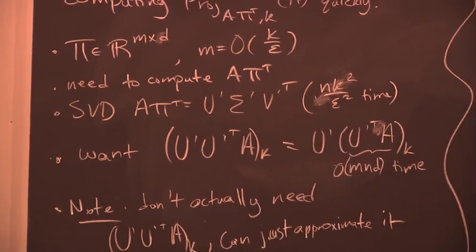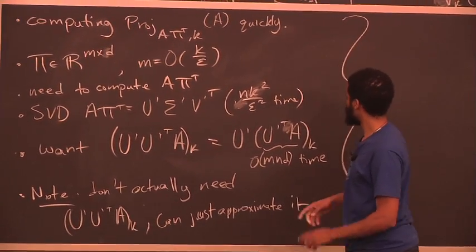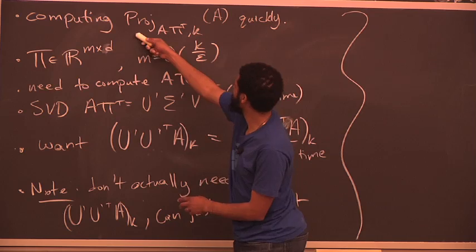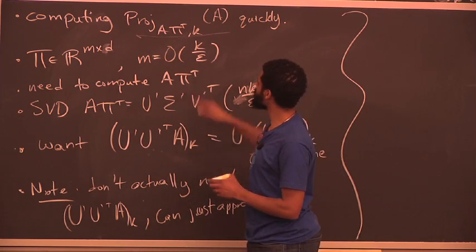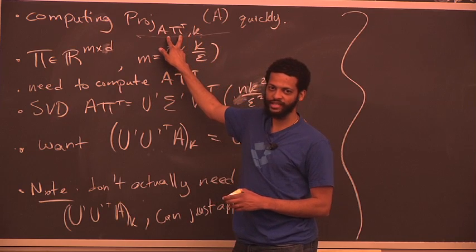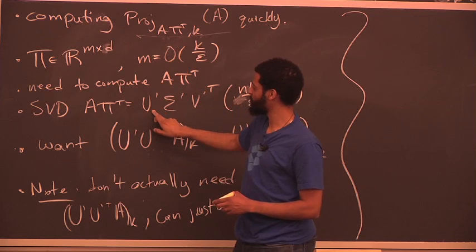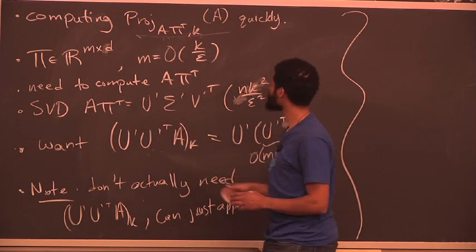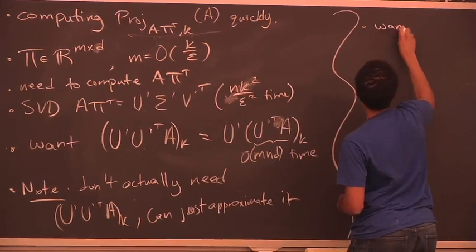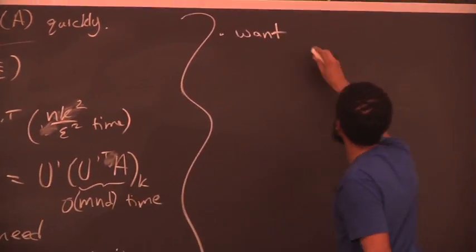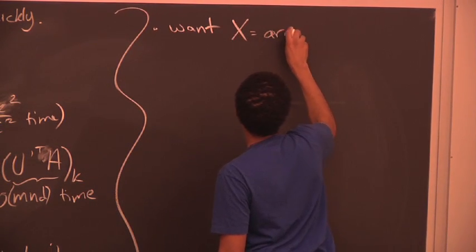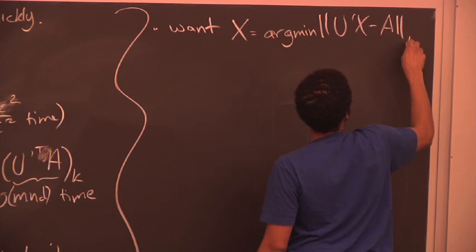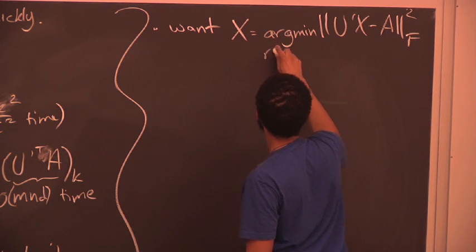So what do we want? What does this thing mean, right? It means we want the best rank k approximation in the column space of this matrix. The column space of this matrix is the same as the column space of U prime. So we want the best rank k approximation in the column space of U prime, right? So what we actually want is x to be the argmin of the Frobenius norm of U prime x minus A, where the rank of x is at most k.